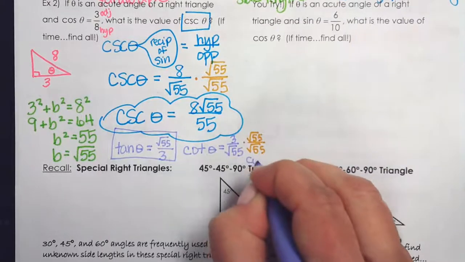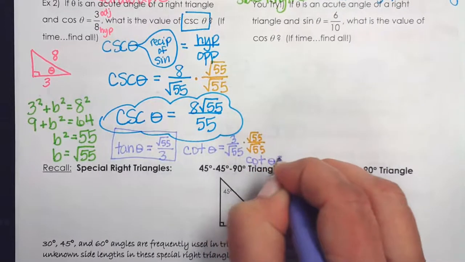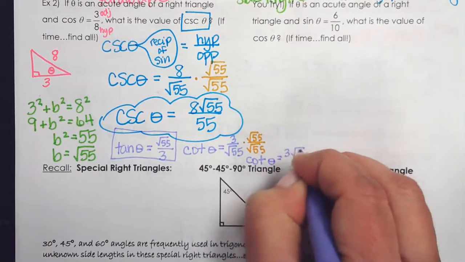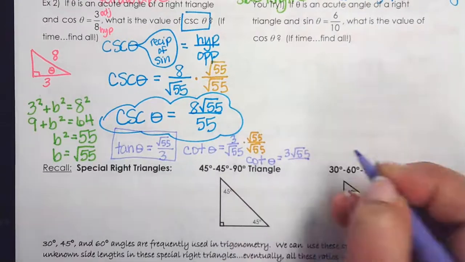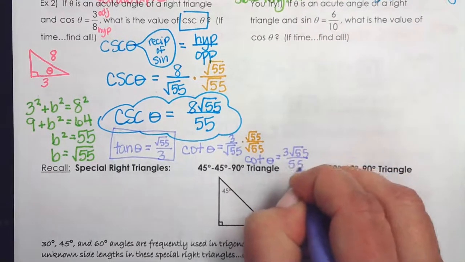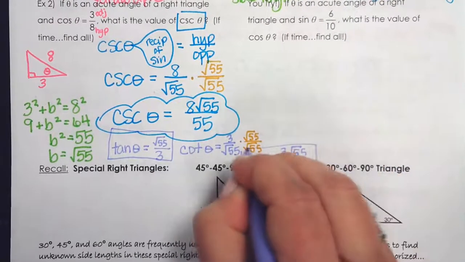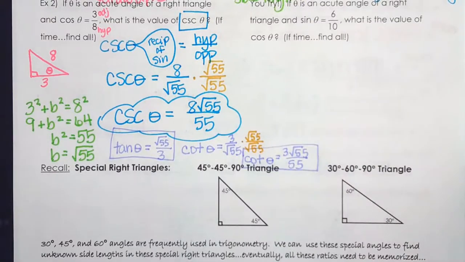And I would get that the cotangent of theta equals 3 root 55 over 55.